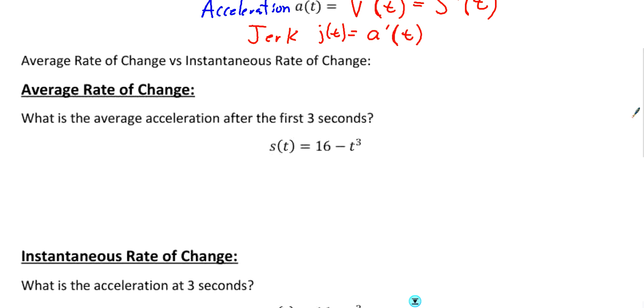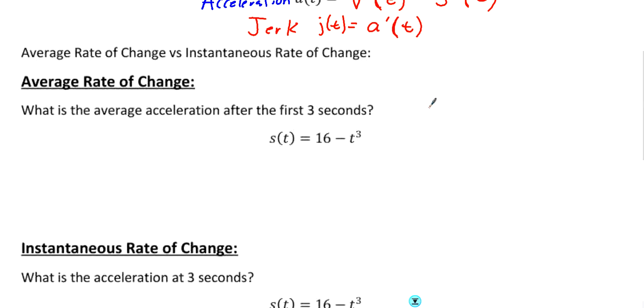As soon as you hear average, average rate of change is slope, the slope equation, change in y over change in x, or y2 minus y1 over x2 minus x1. This is the average rate of change between 2 points.